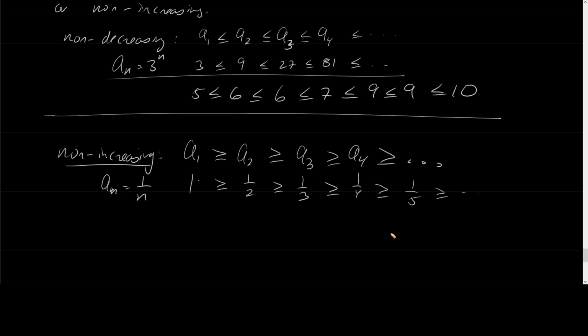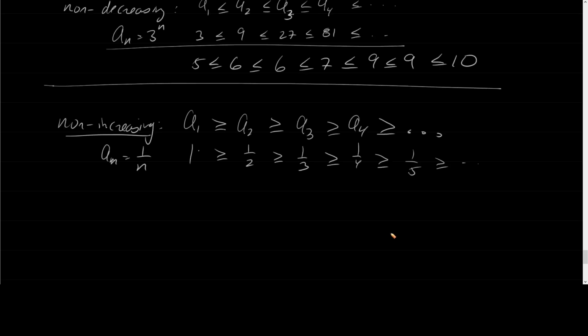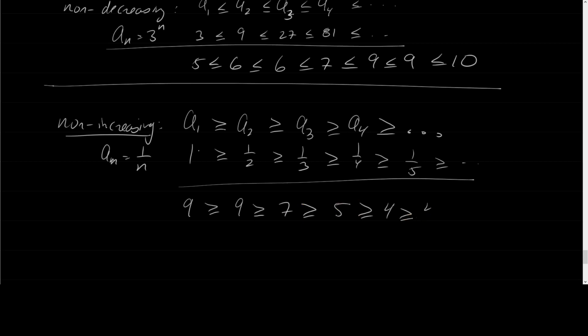Another way to look at a non-increasing sequence would be, if I have the following terms, 9, which is greater than or equal to 9, which is greater than or equal to 7, which is greater than or equal to 5, which is greater than or equal to 4, which is greater than or equal to 4, which is greater than or equal to 2, so on and so forth. All right.